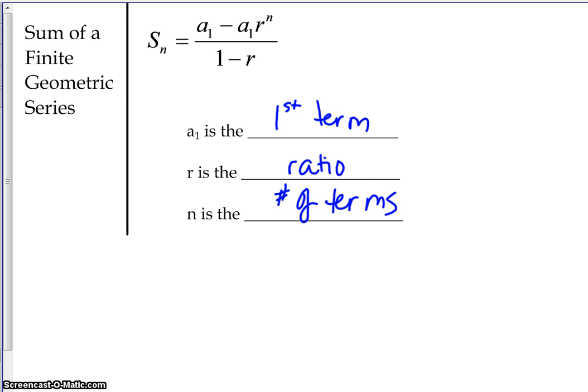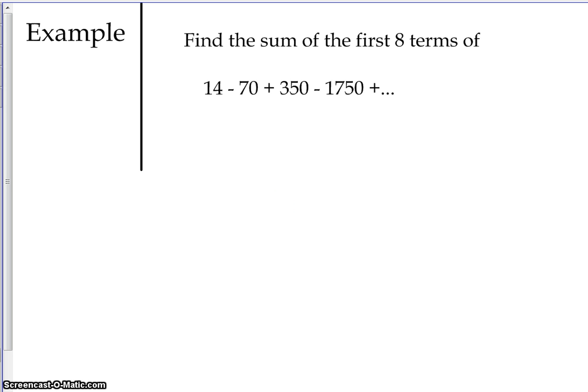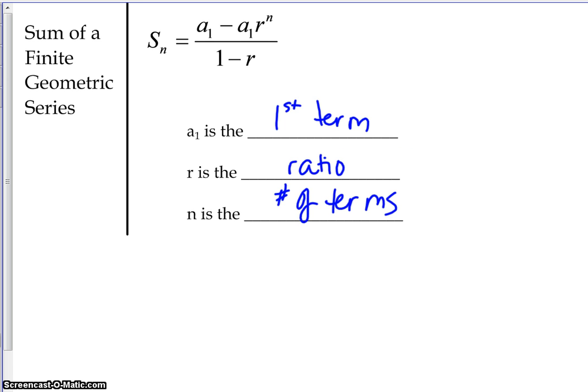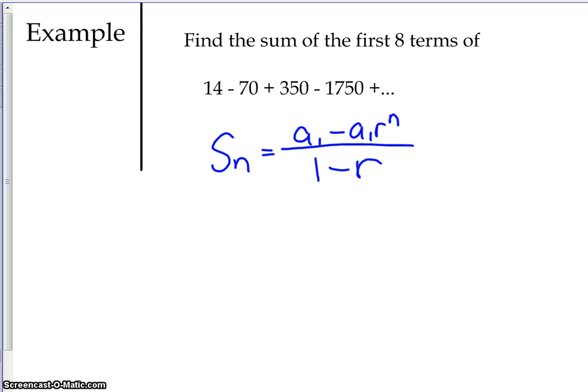The sum is a sub 1 times 1 minus r to the n, over 1 minus r. A little bit more complicated. So let's start with our formula. Let me make sure I have that right. Minus r to the n. Yep, 1 minus r.